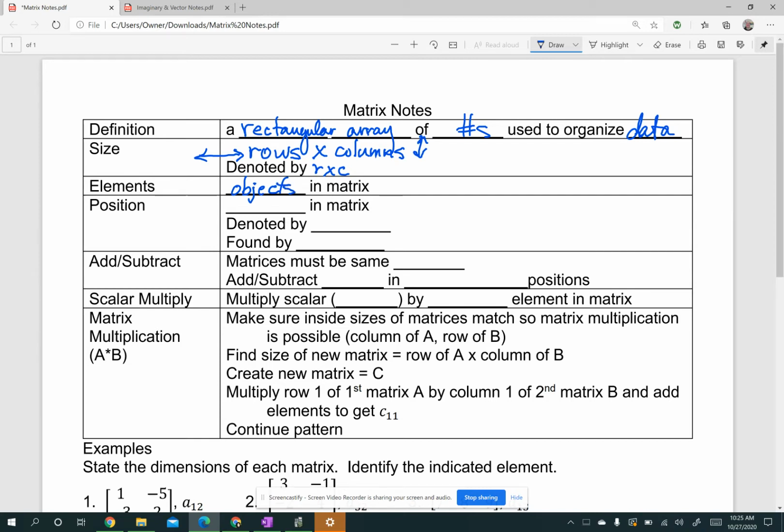Position is the place in the matrix. And it's denoted by A RC. And it's found by the element in the row and column shown.